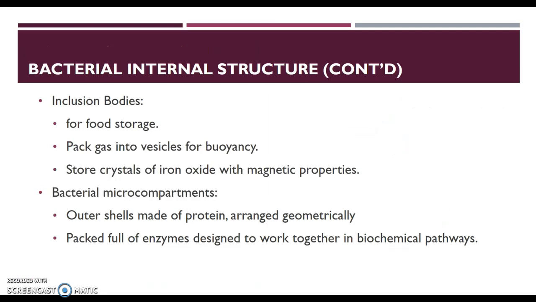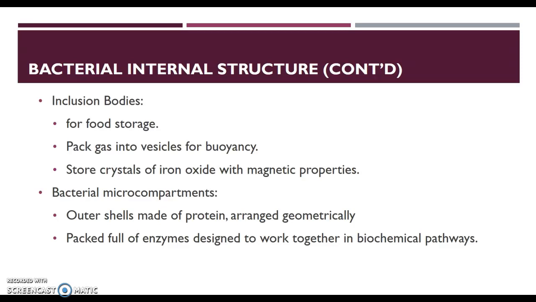Some other structures that we might find inside bacterial cells are inclusion bodies, and these structures can be used for a number of things. Food storage, they can also be used to contain gases to increase an organism's buoyancy. That's particularly useful if the organism tends to live in an aquatic environment.